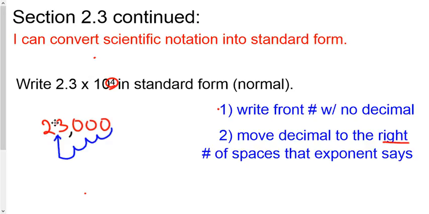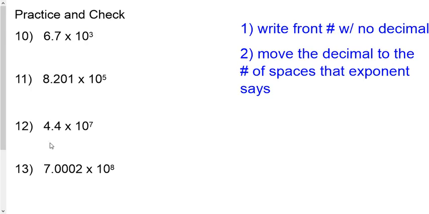And then you've got to basically add on 3 zeros as a placeholder to be able to move it 4 place values. That's all that we do to take it from being in scientific notation to standard form. So that becomes 23,000. How about you pause the video, try this, and then hit play when you're ready.